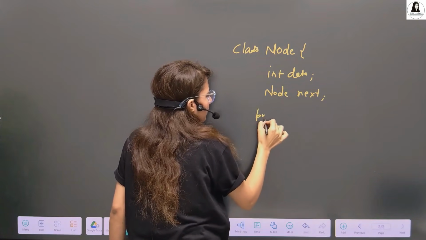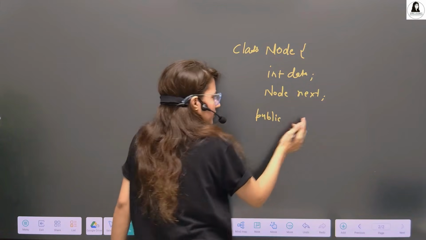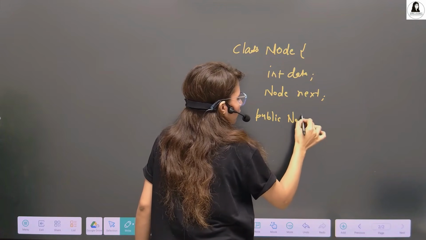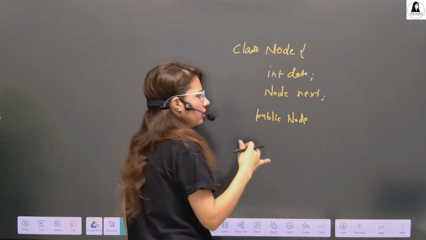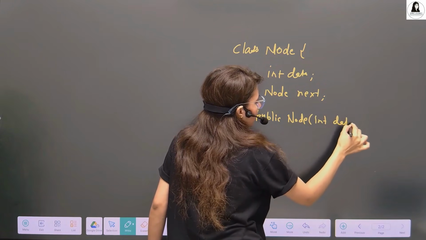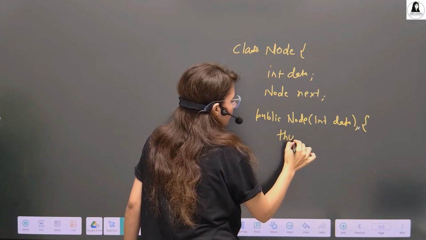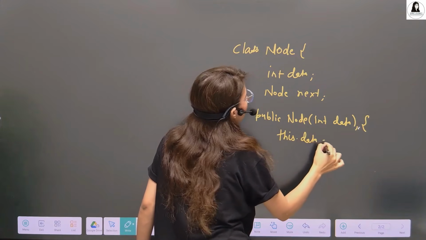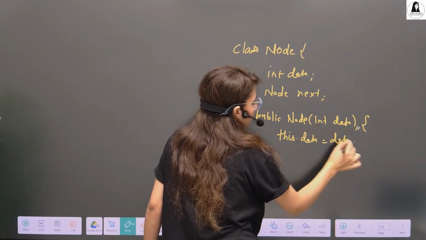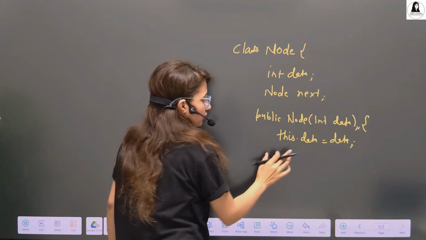And here we can have a constructor. If you want to initialize at the time of creation itself, you can take a constructor. Otherwise you have to take the value from the user, enter data and all for the node. So I'm just assigning the data itself, int data. How do you do this? this.data is equal to whatever the data is. I hope you know this keyword, because we have seen it in the Java course.